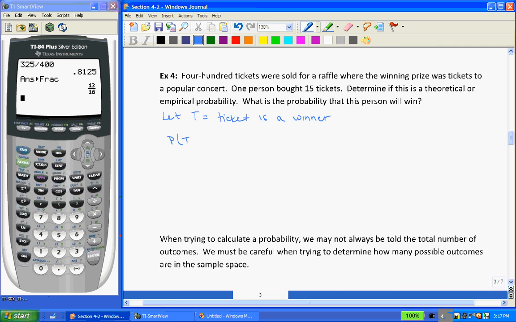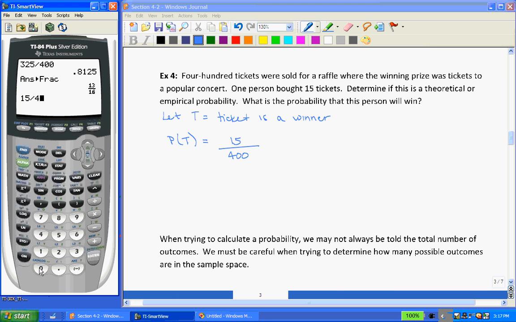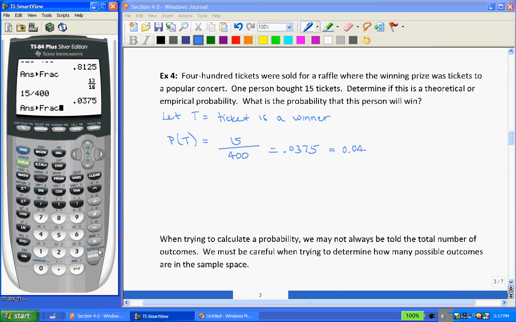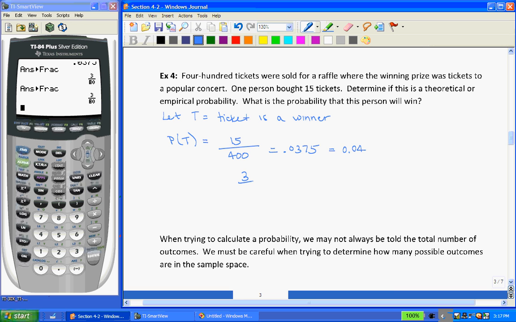So the probability of T is, well, for this guy, he bought 15 of them, but there were 400 altogether. So that's 0.0375. Round it to 2 decimal places would be 0.04 because of that 7. Or if we wanted it as a fraction, that'd be 3/80.